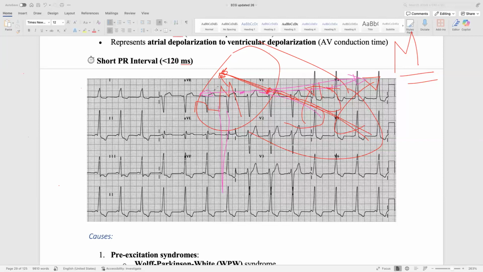V is positive whether it is left or right. Clear now?